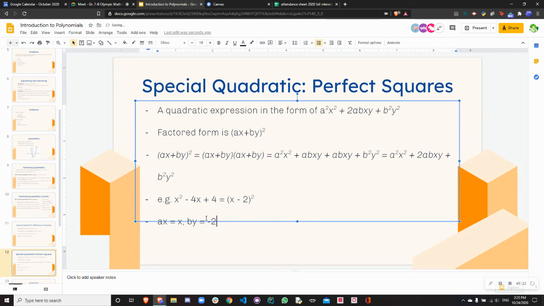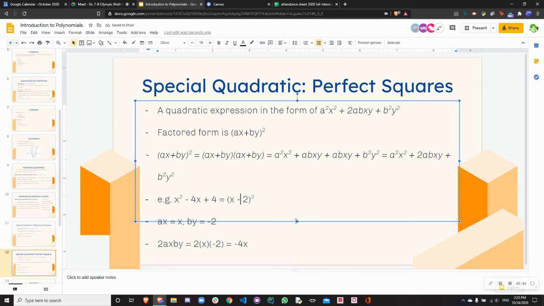Now we want 2abxy, so we can also write it as 2ax times by. I'll make it more clear: 2ax times by is 2 times x times negative 2, and that should equal negative 4x.